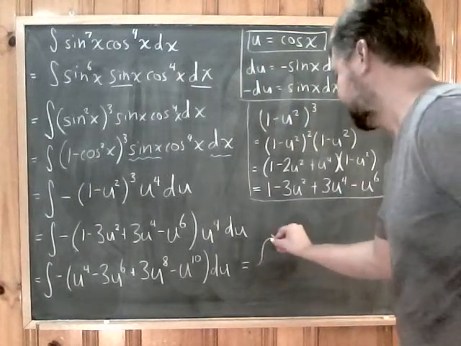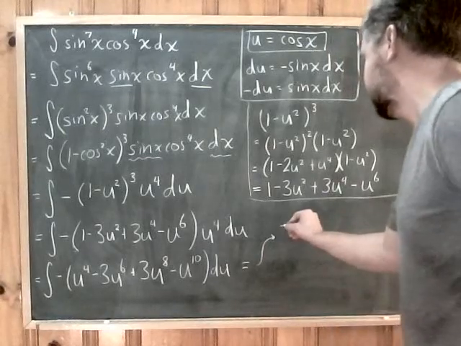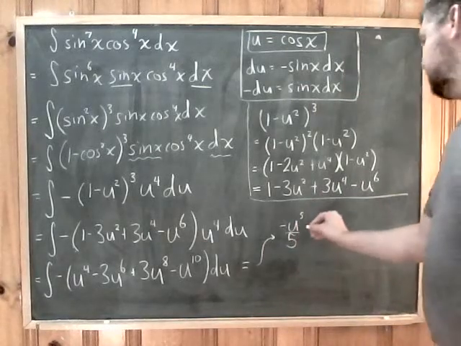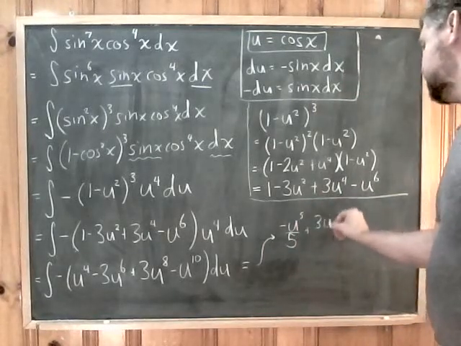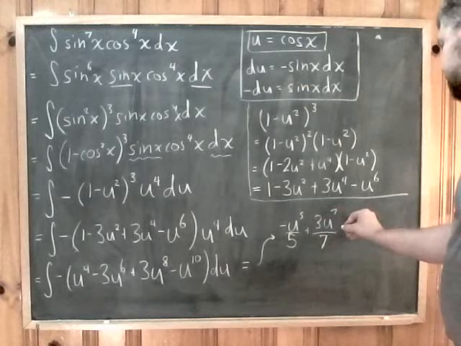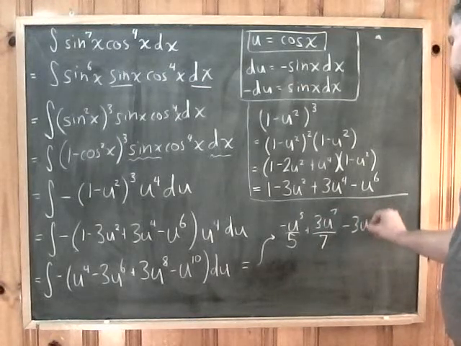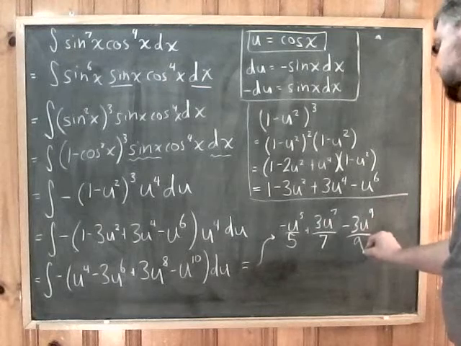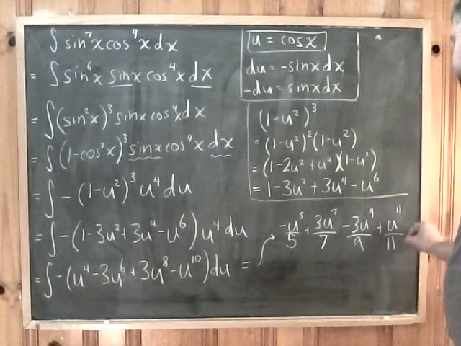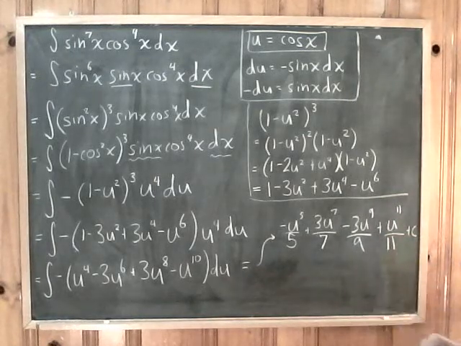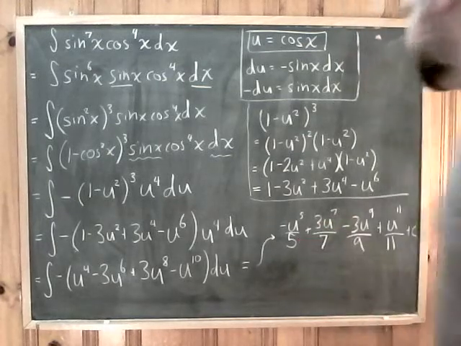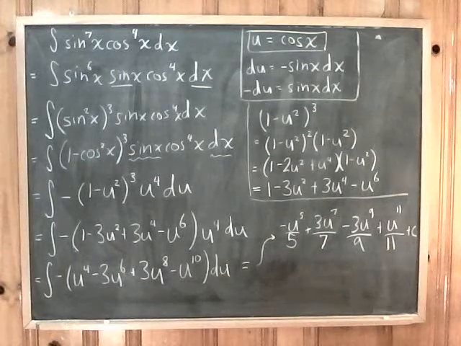Raising and dividing, I have minus u to the 5 over 5, plus 3 u to the 7 over 7, minus 3 u to the 9 over 9, and finally plus u to the 11 over 11, plus c. I did multiply through by the negative on all of those, that's why they go minus, plus, minus, plus, and raise and divide each of them.